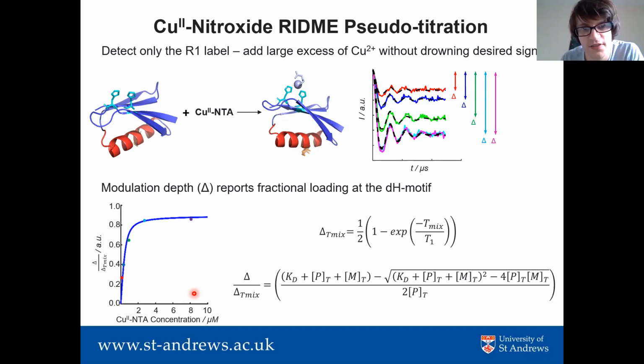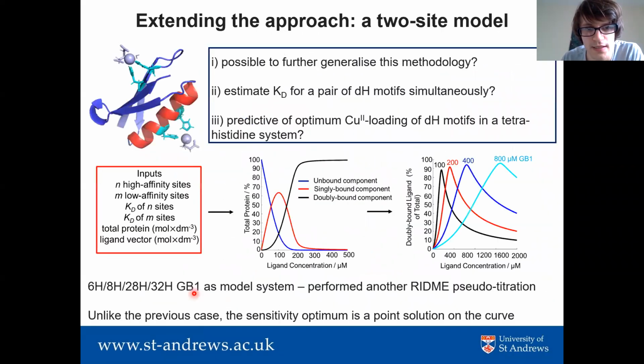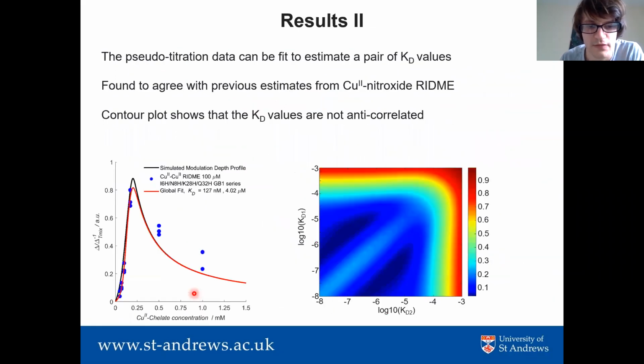For the copper-copper, I think what's relevant is to keep a constant ratio between your T1 and your mixing time, but not necessarily a fixed T-mix value. Yeah, okay, makes sense. Thank you.